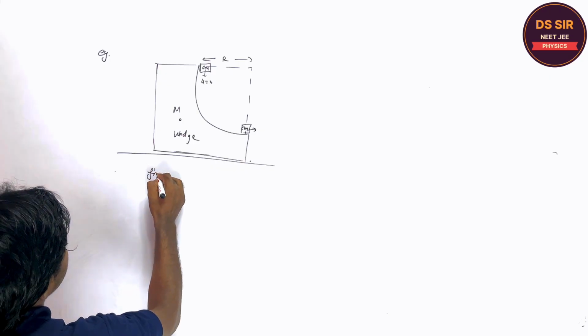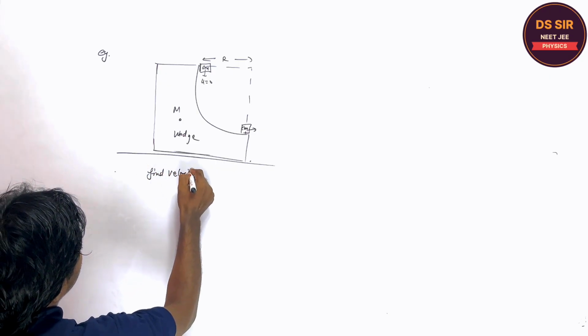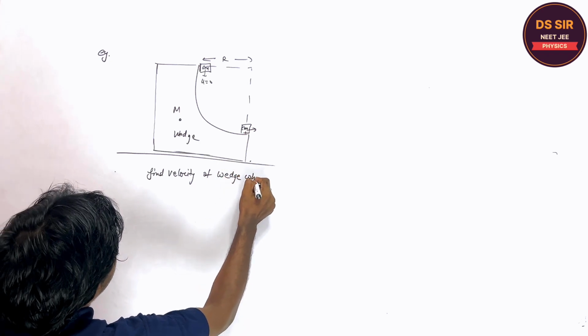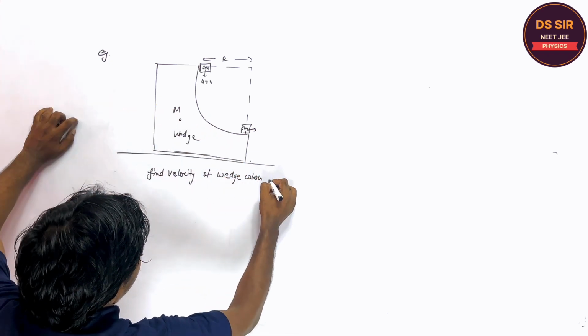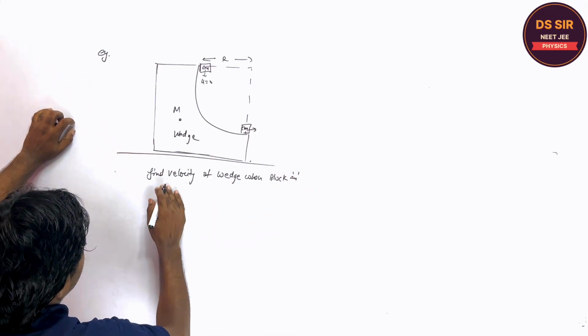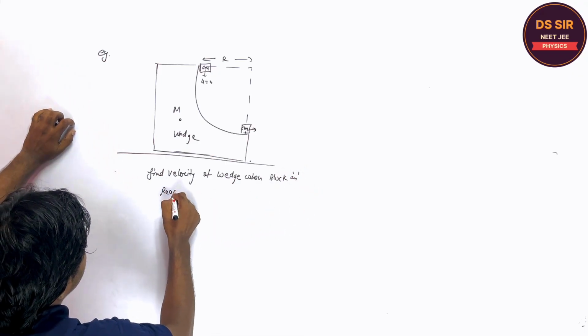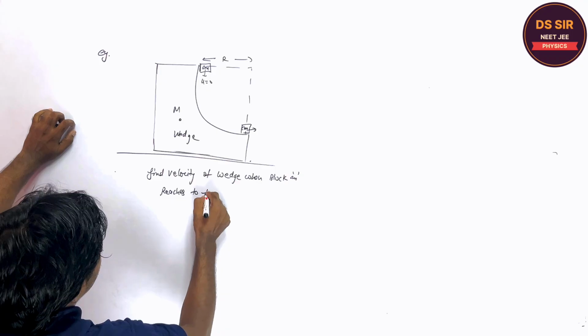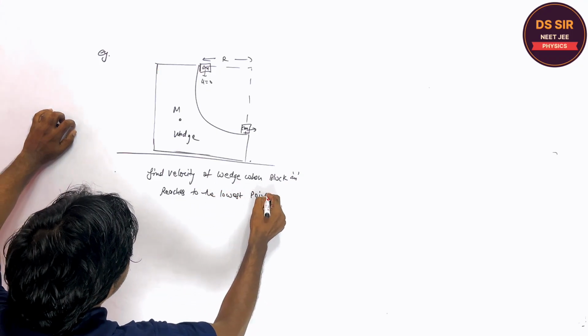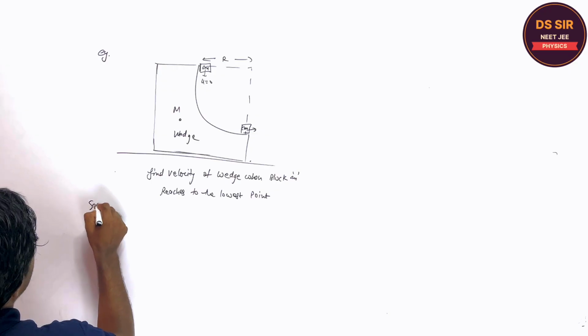You have to find the velocity of the wedge when block m reaches the lowest point. So listen to one thing.